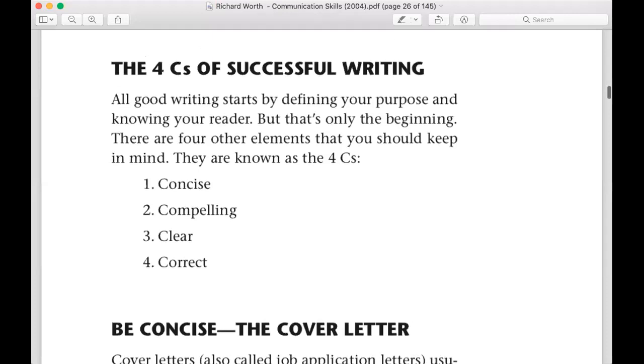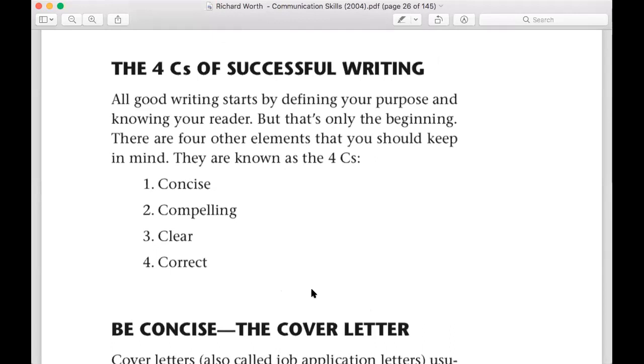Here is your screen. So, in today's lecture, we are going to talk about writing a cover letter. A cover letter is almost similar to writing a job application. We're going to talk about some of the characteristics of successful writing, and then the characteristic of being concise in your write-ups.